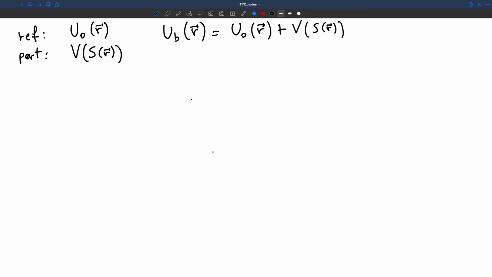Now, the notable result that we obtained earlier allows us to write the partition function of the perturbed ensemble, so the partition function in the presence of a perturbation V, as Z_B equals Z_0 multiplies the ensemble average of e to the minus beta perturbation.